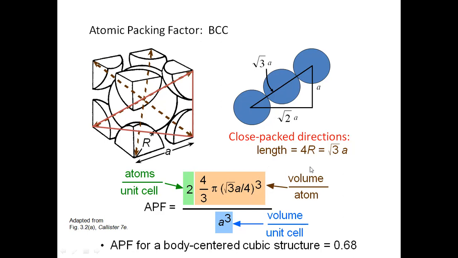Sometimes you won't be given either, and you just have to cancel out. But most likely in exam questions, you'll be given the value for a, which is that length, or you'll be given the atomic radius. And the atomic radii for most elements, most metals, is already known. There's actually a table that we looked at earlier on, which was giving us the a values.